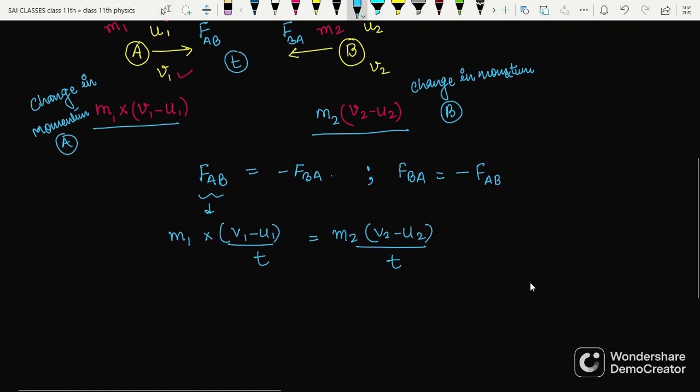Now we know that F of AB equals minus F of BA, so we apply a minus sign here. t gets cancelled out. So m1 into v1 minus u1 equals minus m2 into v2 minus u2.